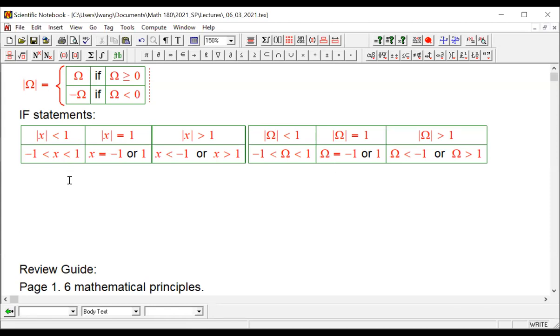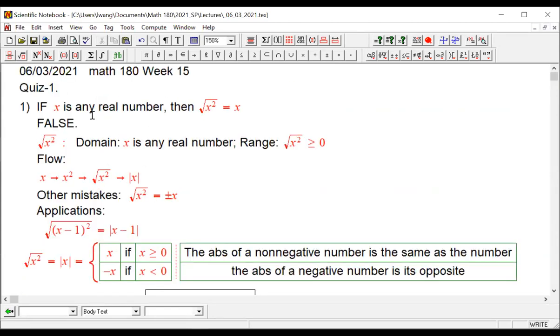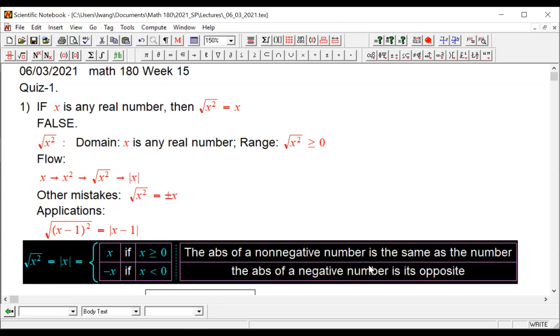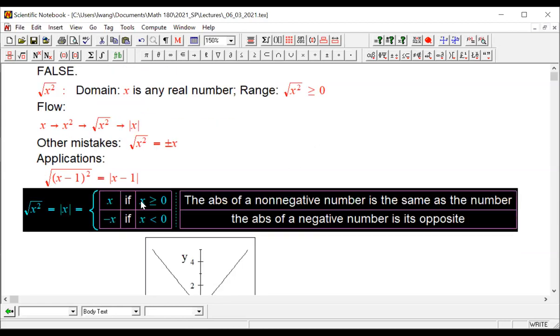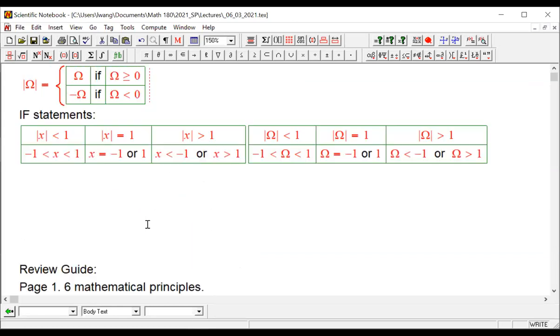So we have addressed this issue. That's false, a common mistake, false. And this is true. So this is at the heart of everything else, including its evolution.